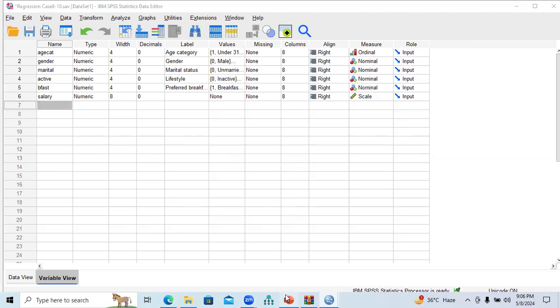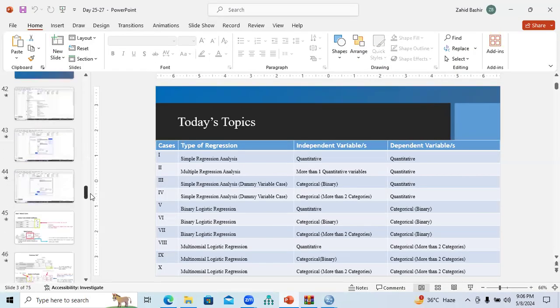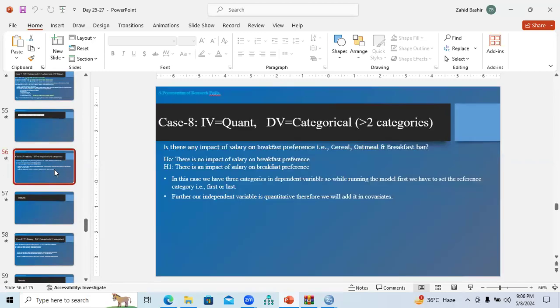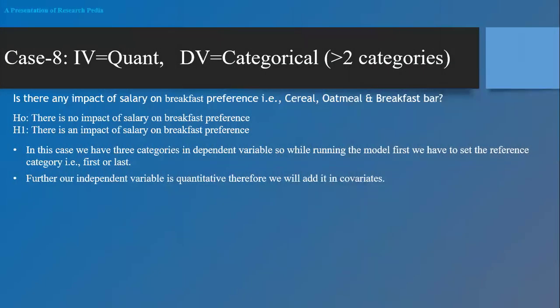So first of all, we need to understand this particular data set so we can apply the procedure. Here it is: the specific detail of case number 8, where your independent variable is quantitative and your dependent variable is categorical. It means that we have more than two categories in our dependent variable.